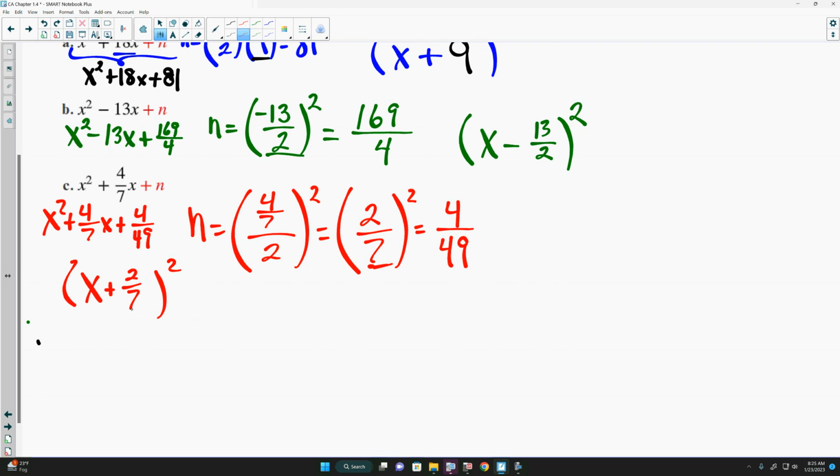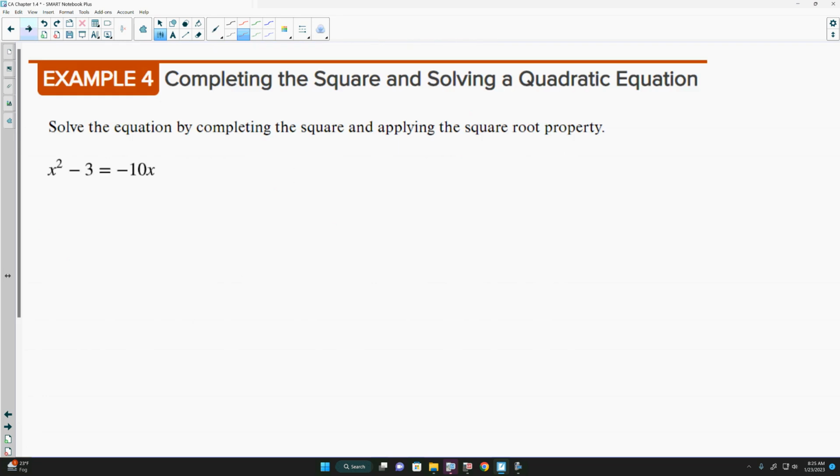Are you ready for the next part? So the next part is actually applying this, completing the square and solving it that way, using the square root method. One of the first things we need to do is get x squared and x on the same side, and get the number on the other side. So what we can do with this here is, one, add 10x to both sides.